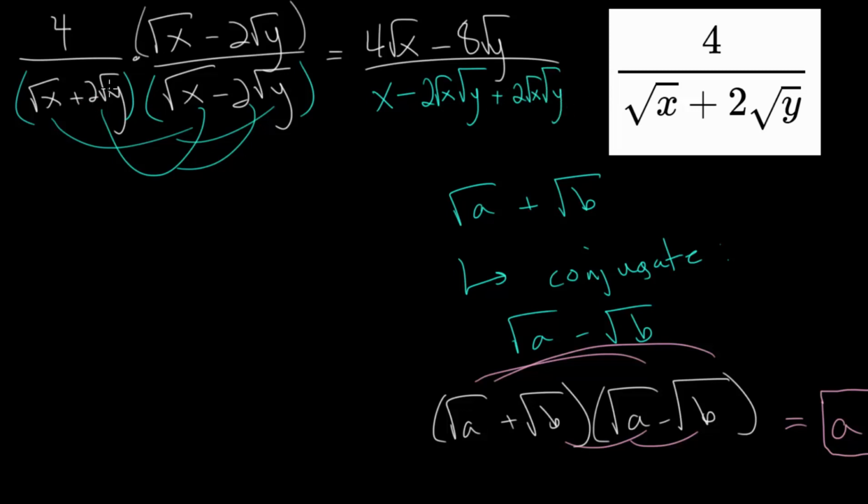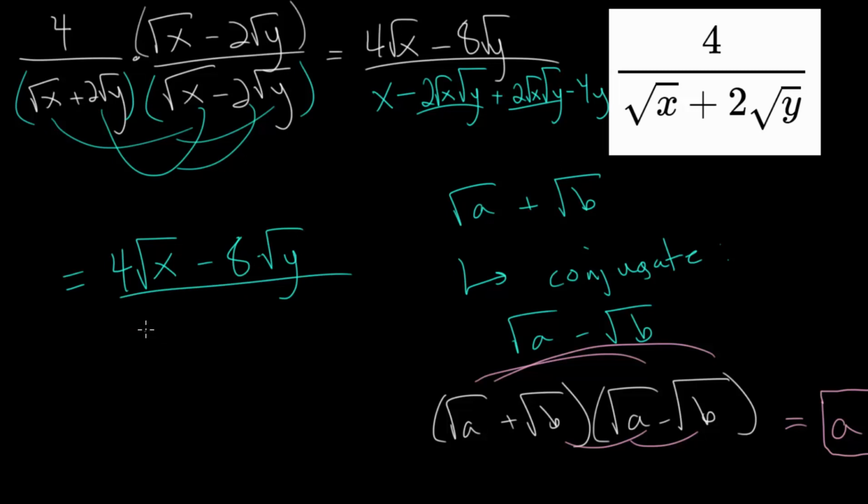And then we have 2 root y times minus 2 root y. We would get a minus 4. And root y times root y is just y. So these middle terms, notice, cancel out. So this expression just becomes 4 root x minus 8 root y over x minus 4y.